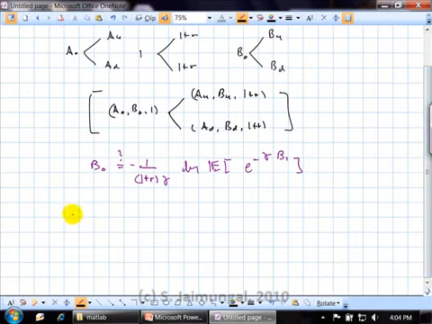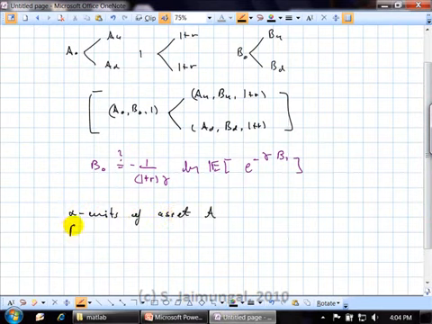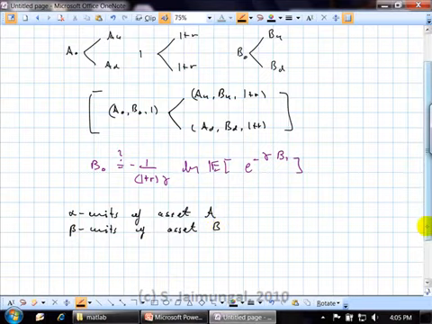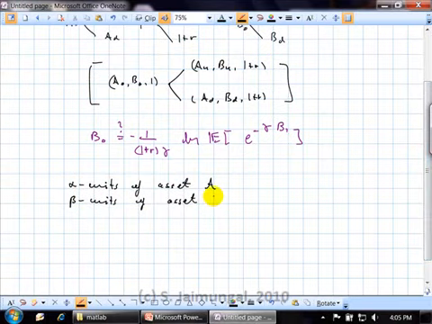So here's the idea. We take alpha units of asset A and beta units of the money market, MM, the bank account. I often use MM instead of bank account because it's really the money market, though people sometimes think of them as bank accounts.